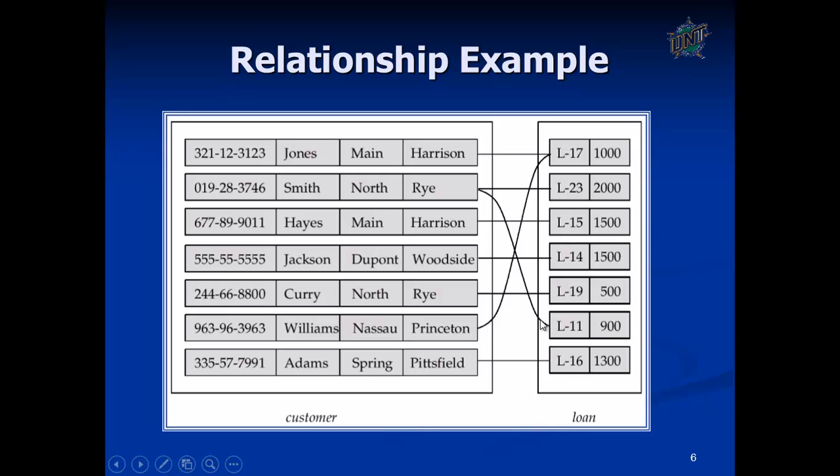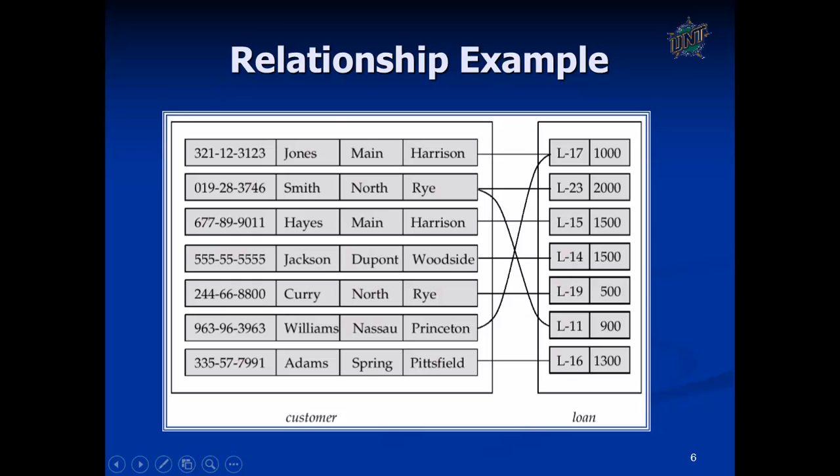Now it is a relation. There are different types of association between two or more than two entities. For example, one to one, one to many, many to one, and many to many.